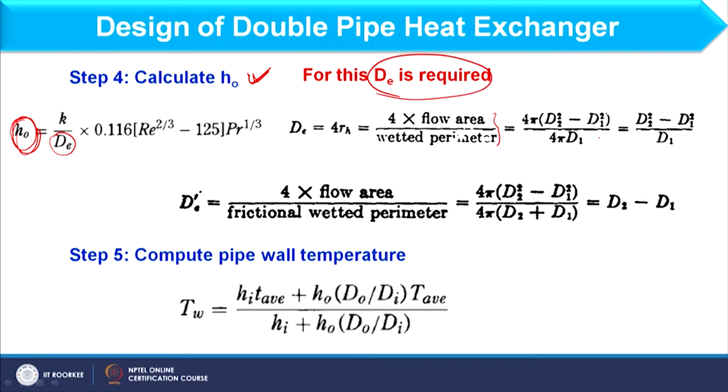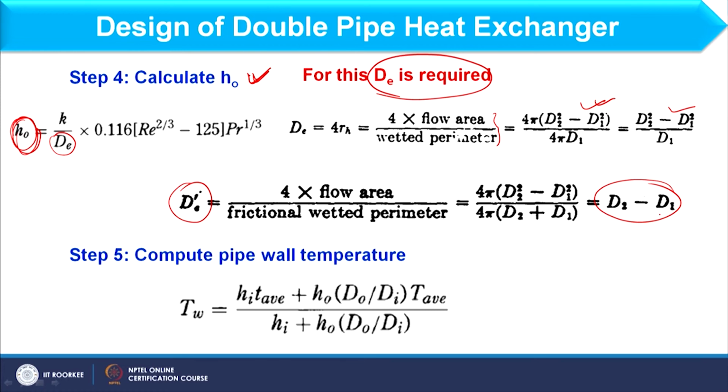So you can consider the geometry and calculate the equivalent diameter. Here we are considering this at the annular side, when I consider both the diameters. Accordingly you can find D equivalent as Do minus Di.